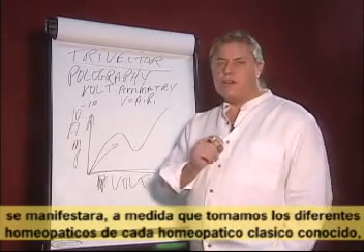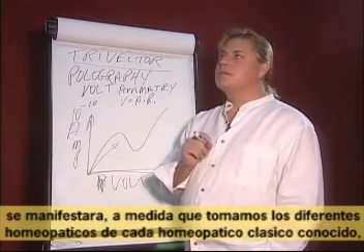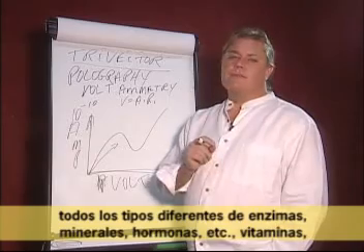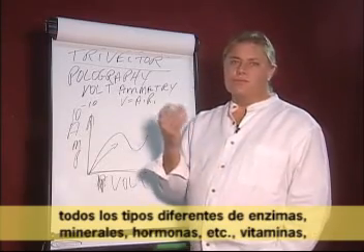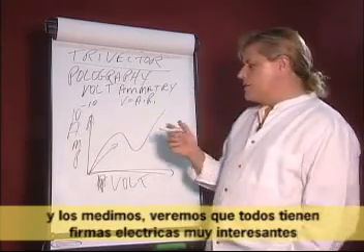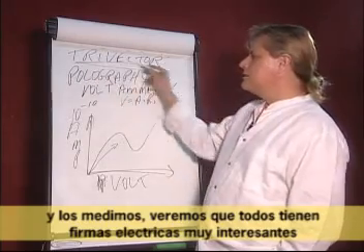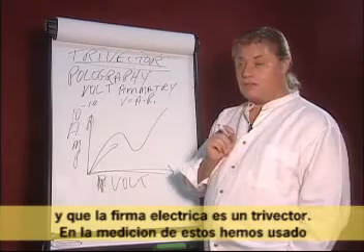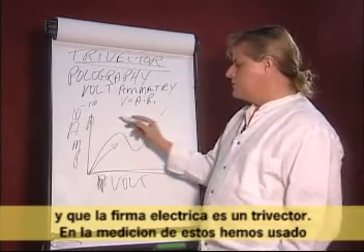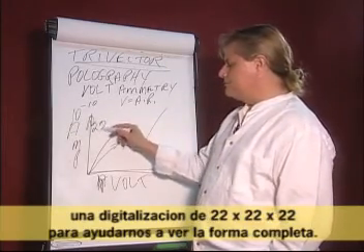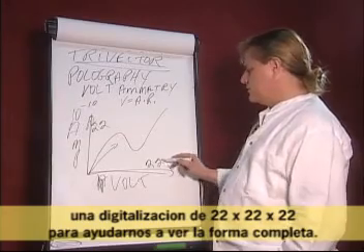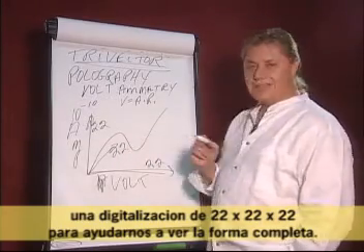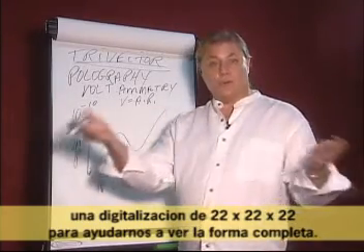As we take the different homeopathics, every known classical homeopathic, all different types of enzymes, minerals, hormones, vitamins, etc., and we measure them, we can see that they all have very interesting electrical signatures, and the electrical signature is a trivector. As we measure this, we've used a 22 by 22 by 22 digitization to help us see the total shape.